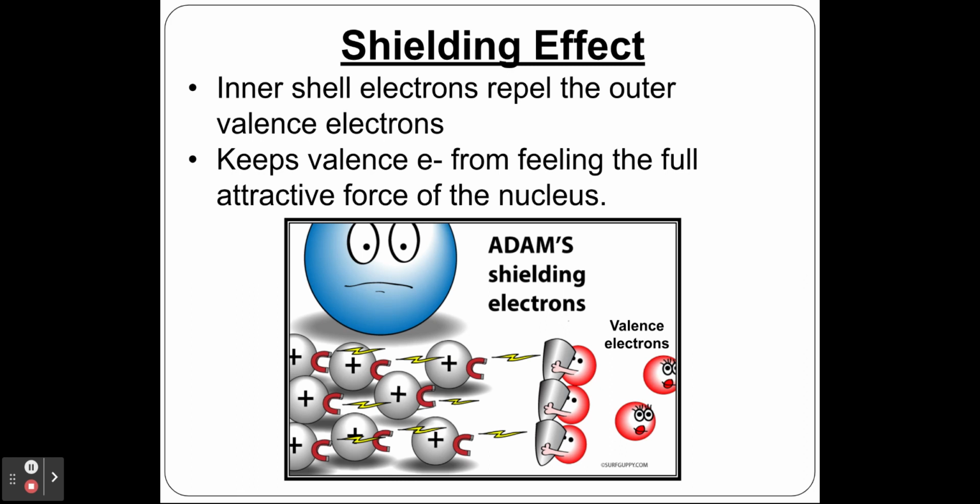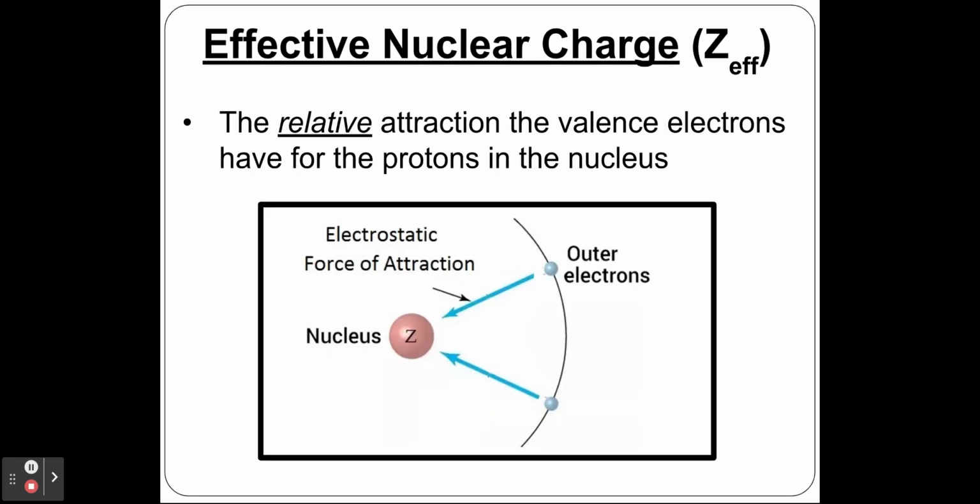And that repelling force by the core electrons cancels out some of the attractive force by the nucleus. And so the valence electrons end up not feeling as strong of an attractive force. So that's what shielding is all about. This keeps the valence electrons from feeling the full attractive force of the nucleus.